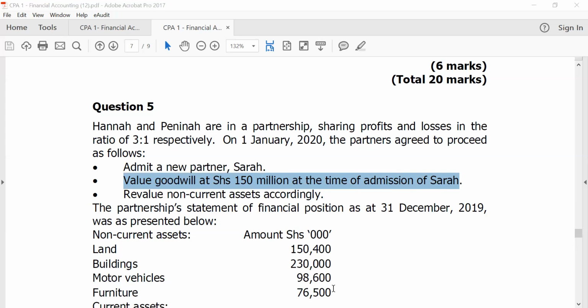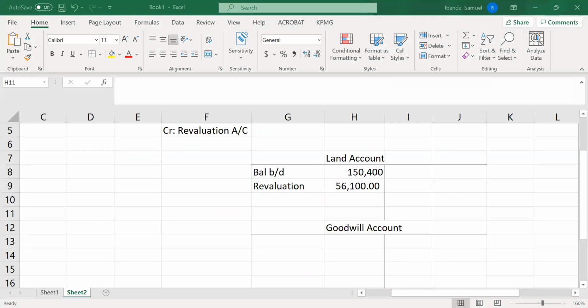Now, when you're looking at the goodwill account, the examiner is trying to look at the old sharing ratio vis-a-vis the new sharing ratio.